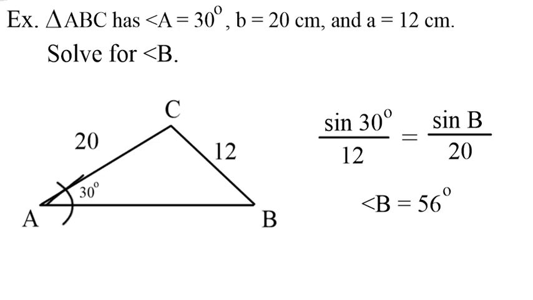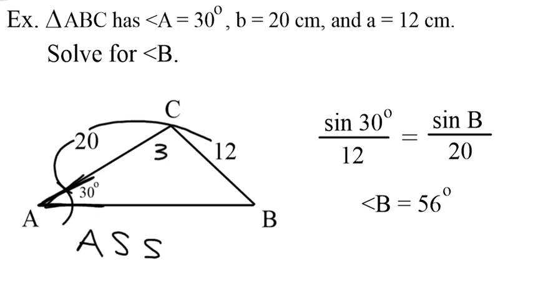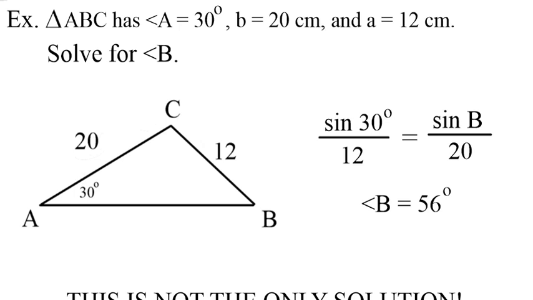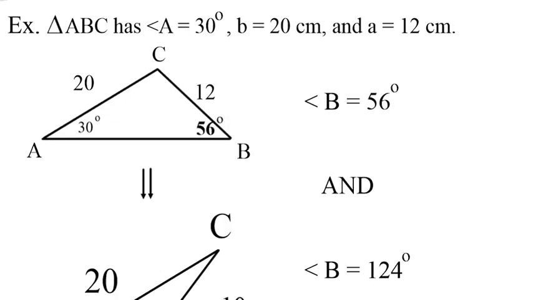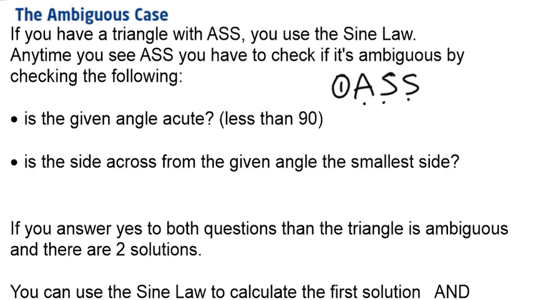We were given an angle, and as I move around, the side and another side. That's how the information was given. If the 30 degrees was in here, it would have been side, angle, side, but it wasn't. If it's angle, side, side as I work around, that's one step towards the ambiguous case.